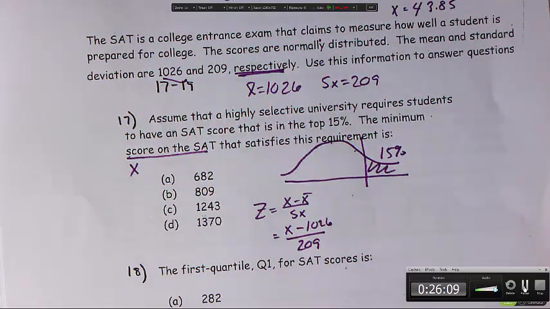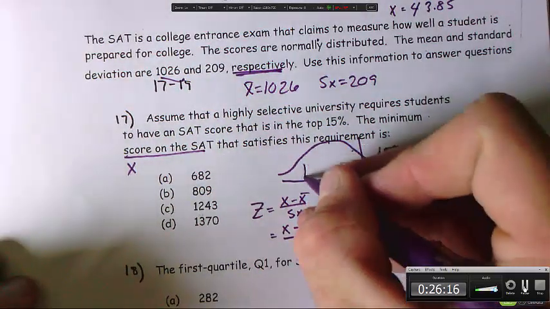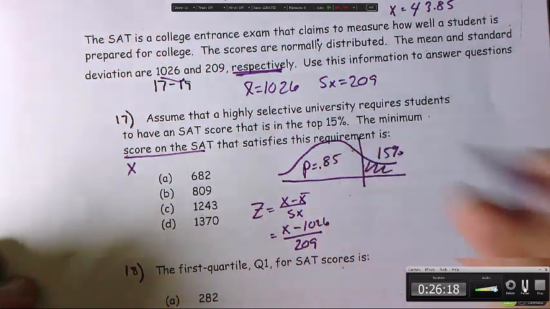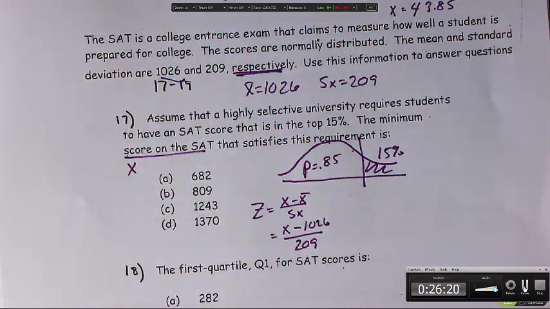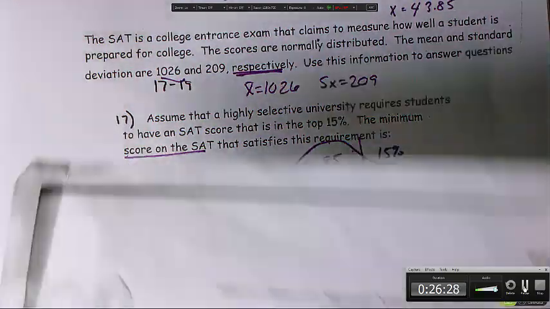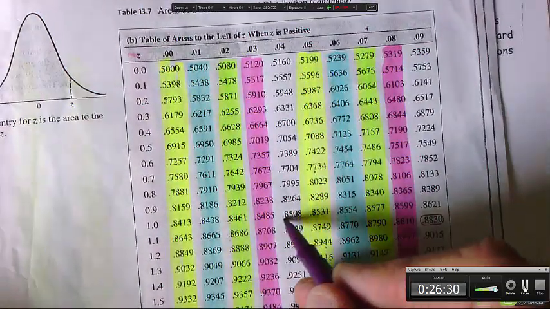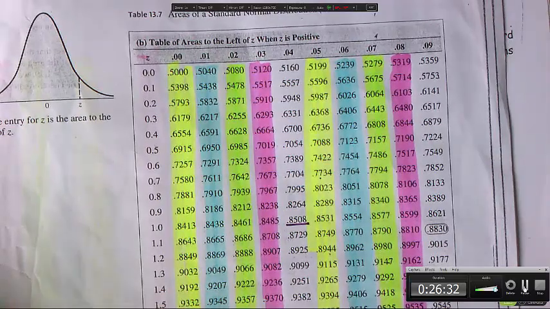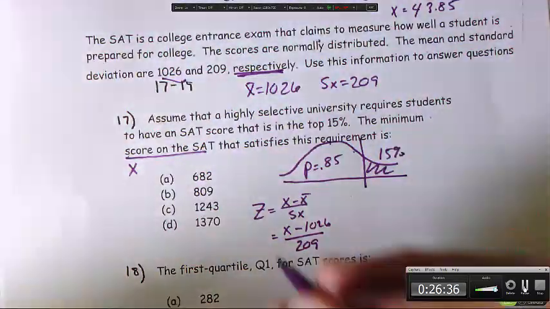Its p-value would be 0.85. Okay? Top 15% has a p-value of 0.85, because we were talking about the amount of data to the left of the cutoff. And then once you get to that, it's the exact same concept as 16. You find 0.85, it's 1.04, right? 1.04.